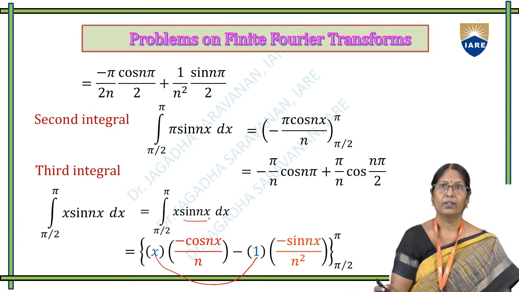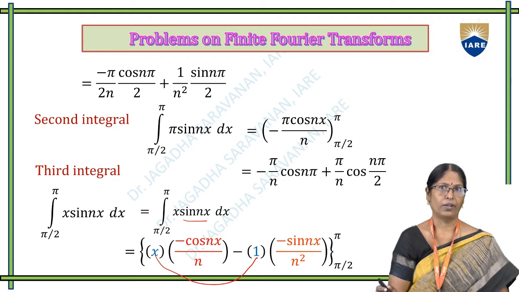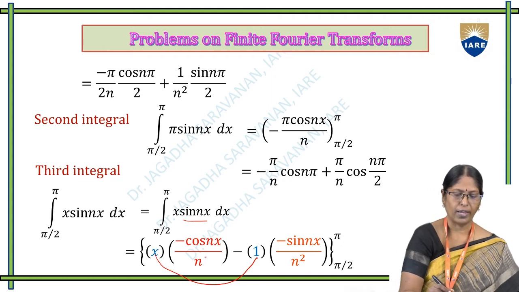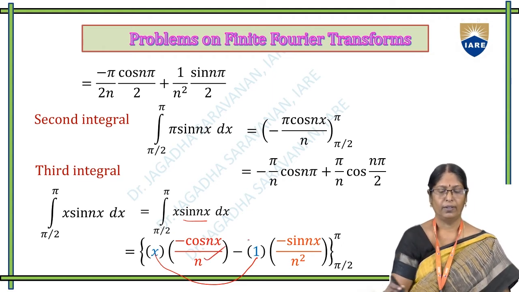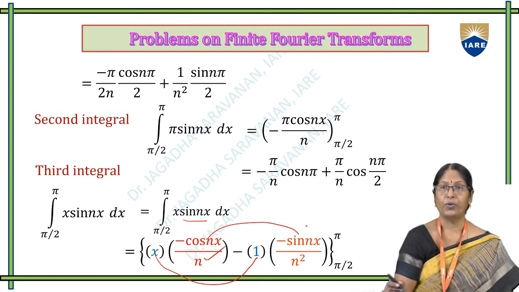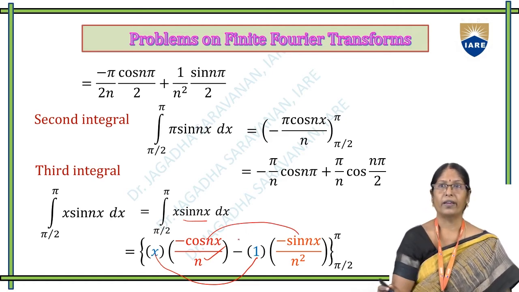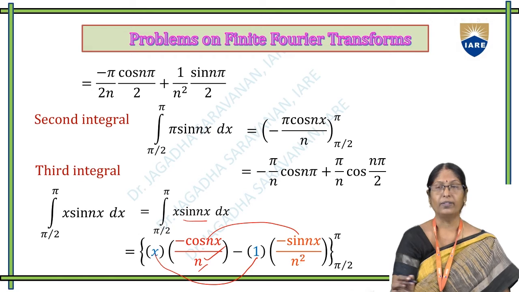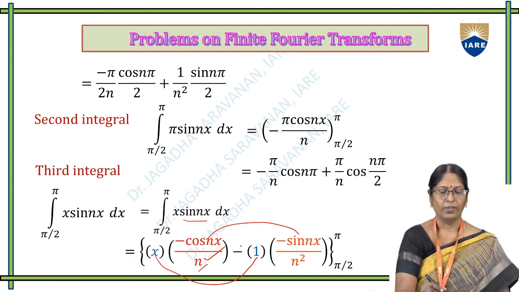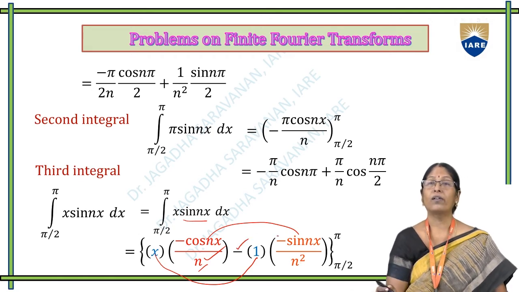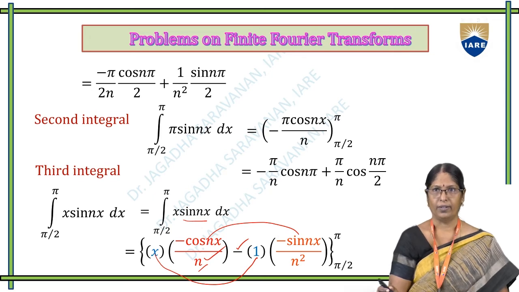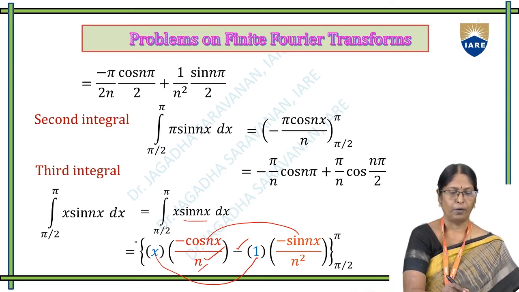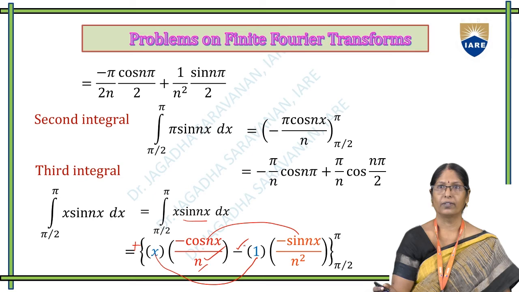Sin nx, the integrated one we are writing, minus cos nx by n. Again here we are doing the integration. So minus cos nx integrates to sin nx by n, but here already n is there, so it is n square. These are alternative signs, the formula signs, plus, minus.